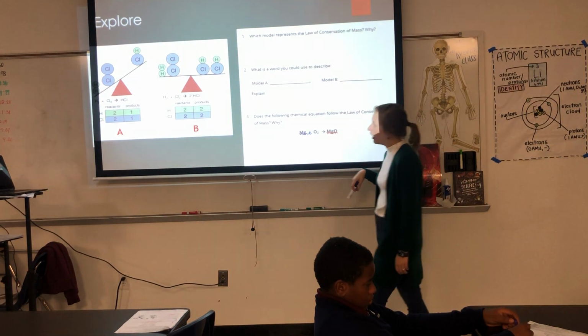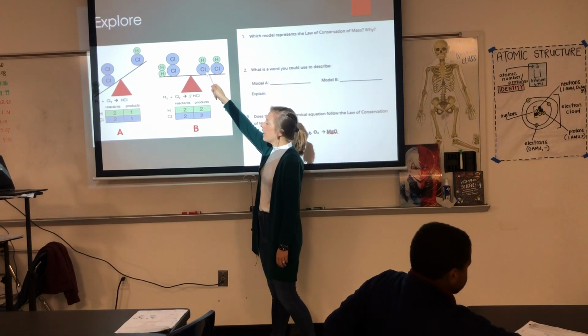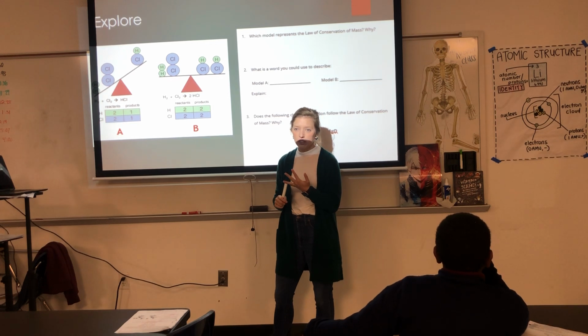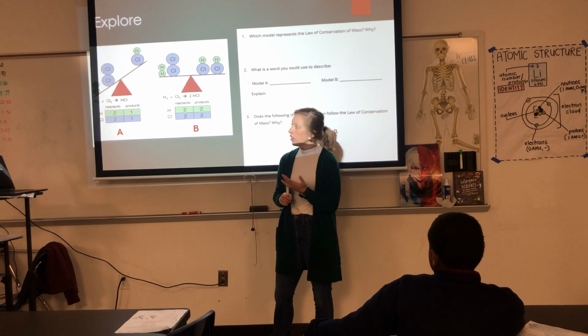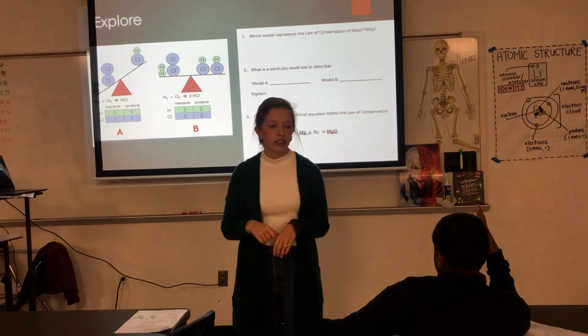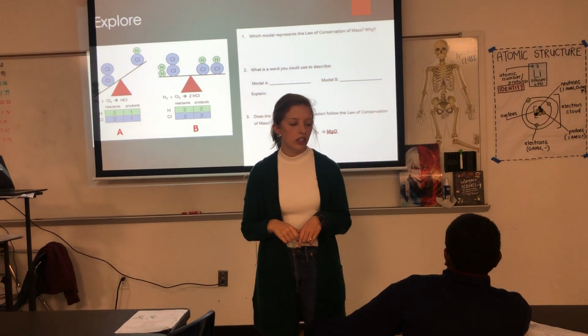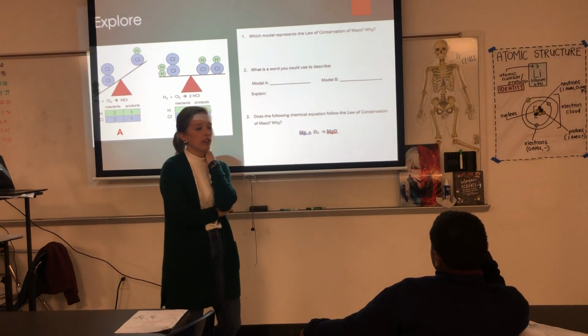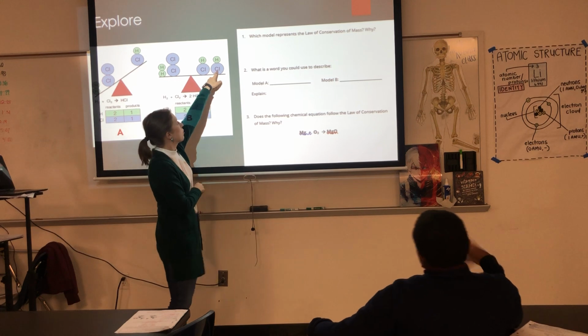Is this representing compounds? Is it representing elements? Is it representing atoms? Anybody think anything different? What would those circles represent? What do you think, Lyndon? I think it represents elements, compounds, or atoms. What does one of those represent?